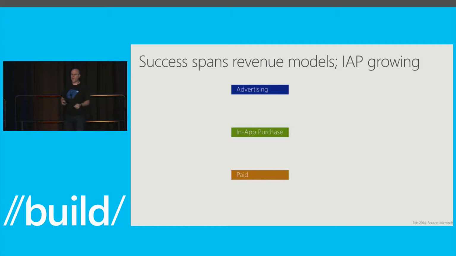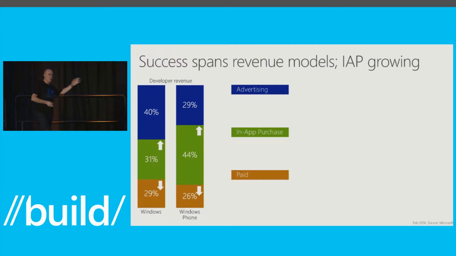So how does that compare with the Windows and Windows Phone stores? Is it a third each, or is it different? Well, I don't think we've ever released these numbers before. If you look at Windows, 29% of the revenue that goes to developers comes from paid apps, 31% is from in-app purchase, and the rest is from advertising. Compare that to Windows Phone.